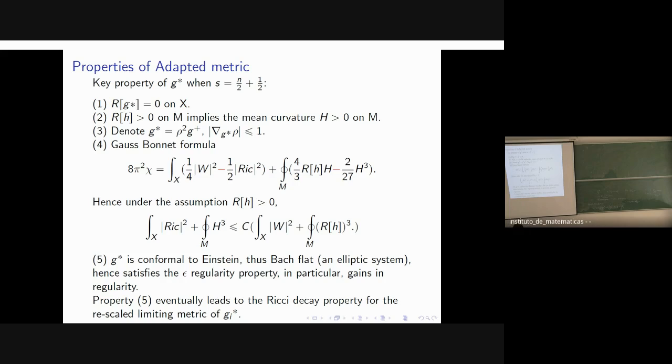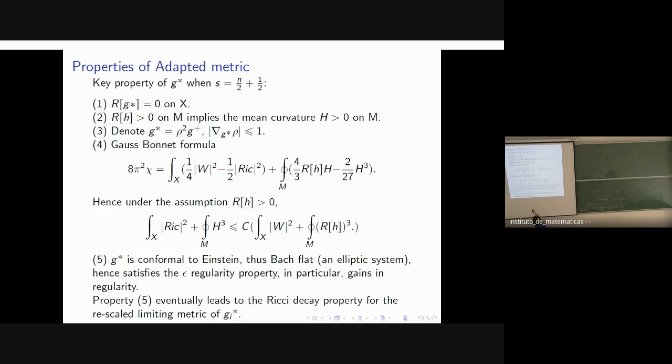Okay, so the key property is the scalar is 0, the mean curvature is positive, and the third property is one also has the distance defining function working like a distance function. The gradient G star rho is less than or equal to 1.